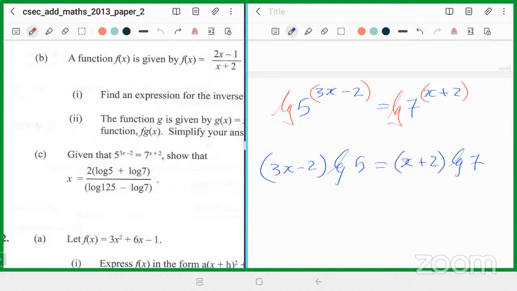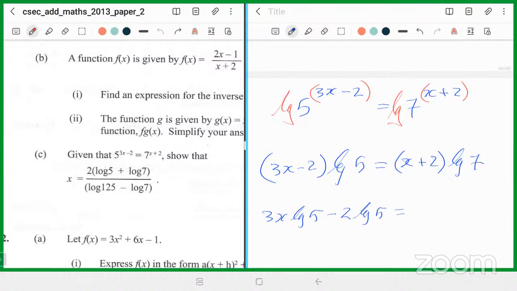After I bracket it up, remember we're trying to make x a subject, so I have to expand out everything and group terms in x on one side. So expand out this and expand out that. So it's 3x times this first. So it becomes 3x log 5 minus 2 log 5.